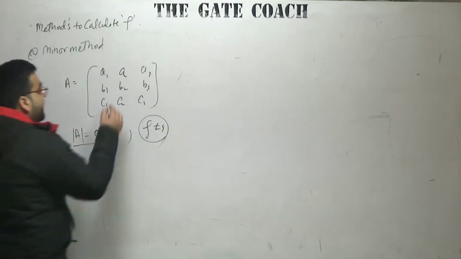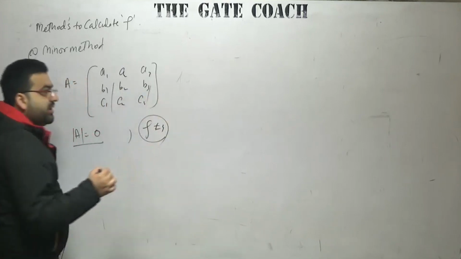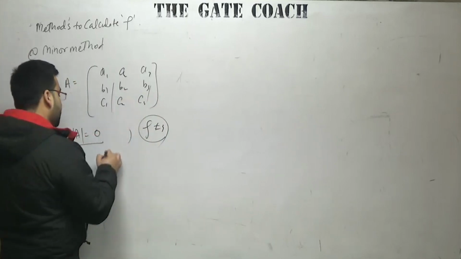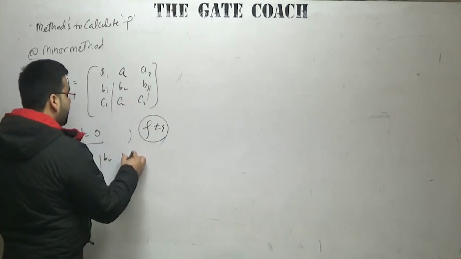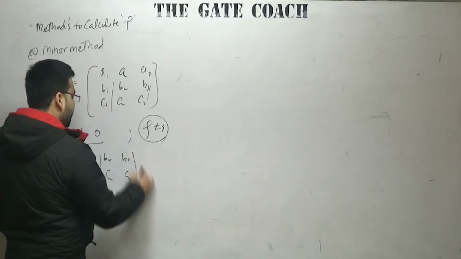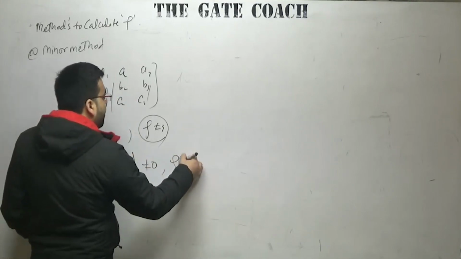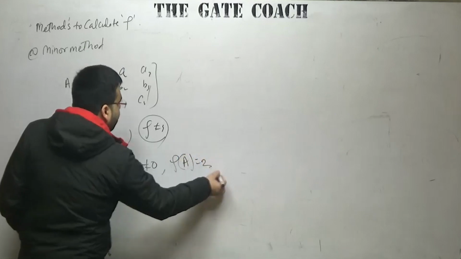Then we find at least one minor whose determinant is not equal to 0. Let us say that this is a minor B2, B3, C2, C3. If it becomes not equal to 0, we will say that the rank of this matrix A will be equal to 2.